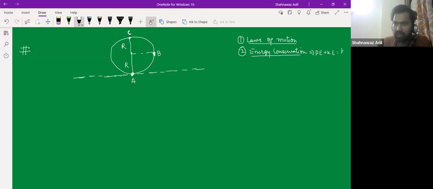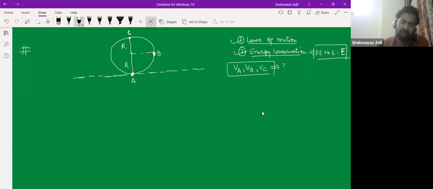That is a constant, E, the total energy. I will use these 2 principles to find the relation. The goal is to find out the velocities at different points.